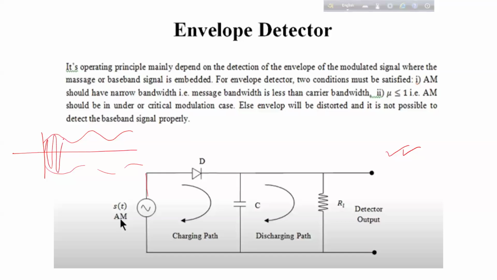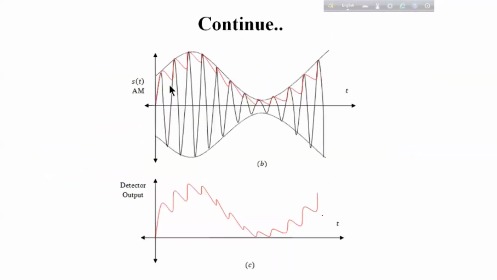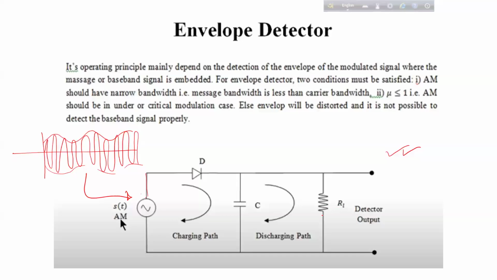So this is our modulated signal, and we are sending this signal as st to this port. Now this is the diode, this is the capacitor, then a load resistor is connected here, and we are taking the detector output across this load resistor. So here we will get our V out. Okay.